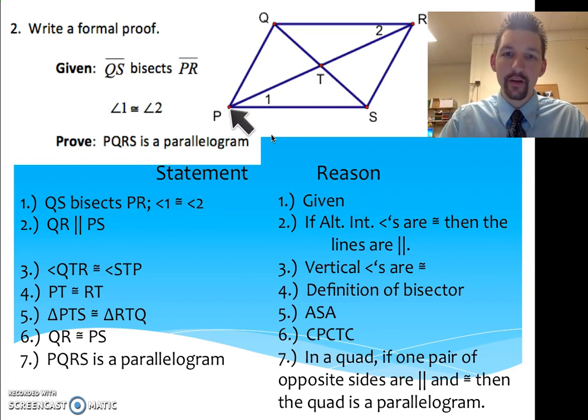And then I have PT congruent to RT because it's the definition of a bisector. If QS bisects PR, then this half has to be congruent to this half. And that makes this bottom triangle here congruent to this top triangle by angle, side, angle.